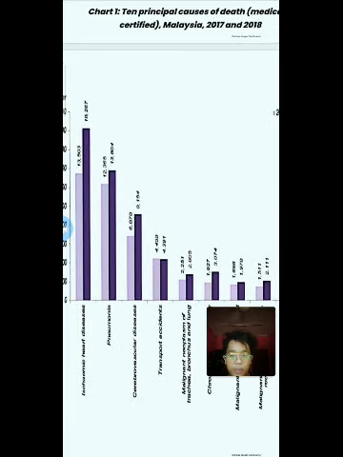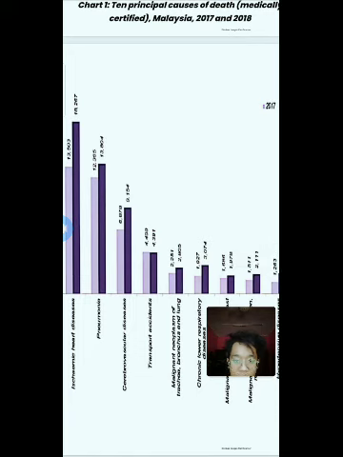For the next one, malignant neoplasm of trachea, bronchus, and lung. In 2017, the deaths were only 2,251, but in 2018, the deaths increased a little bit to 2,805.